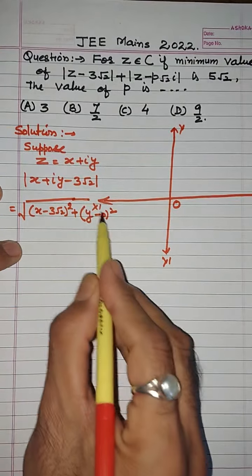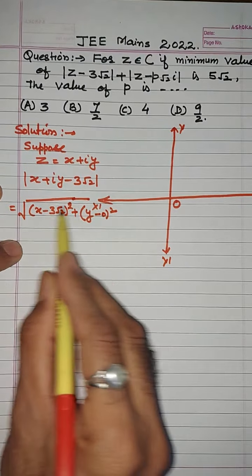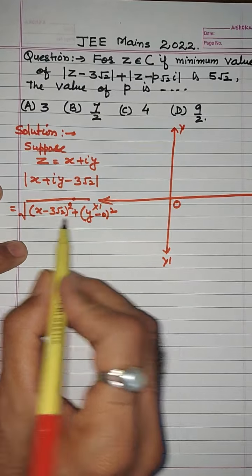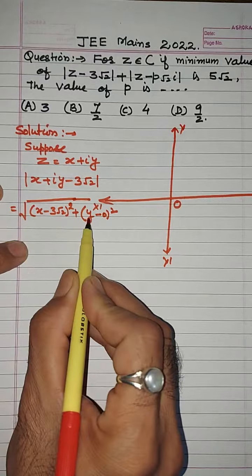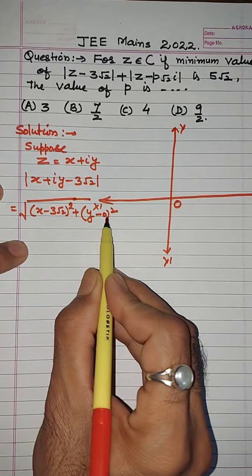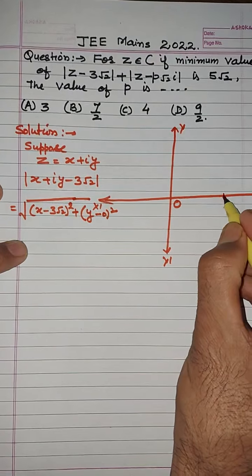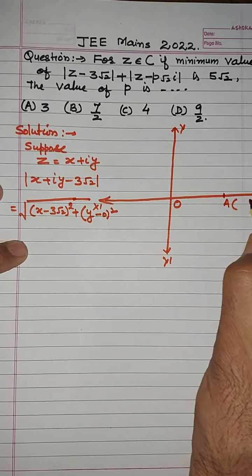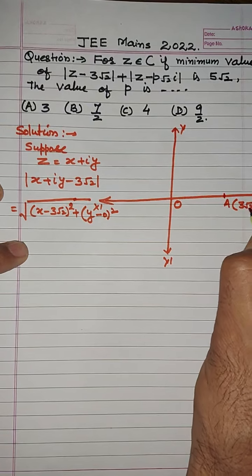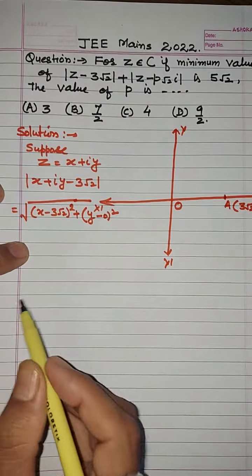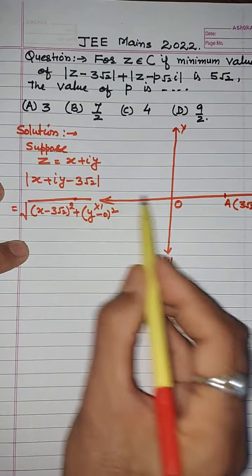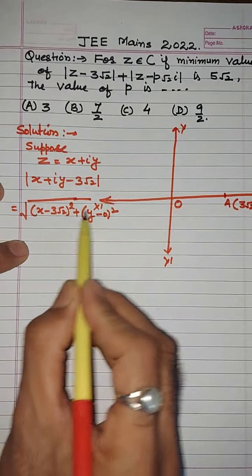If we compare this with the distance formula, this is the distance between the point x comma y and the point 3 root 2 comma 0. So let this be the point A, 3 root 2 comma 0. It means z is any complex number whose distance from the point A is this.